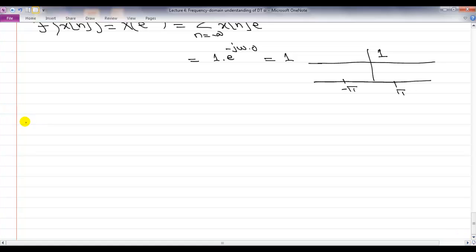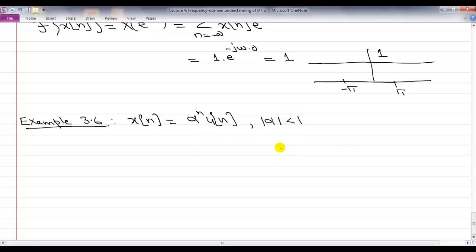Let's look at another example, which is example 3.6 in your text. So this is an example of what's called a damped exponential. So absolute value of alpha is less than 1.